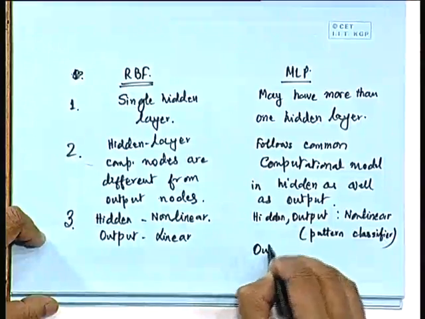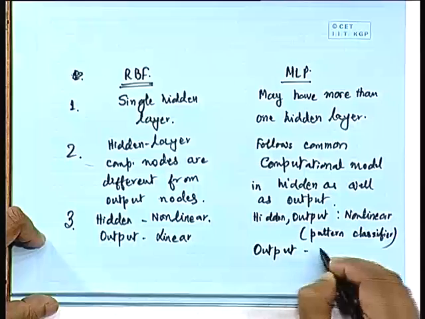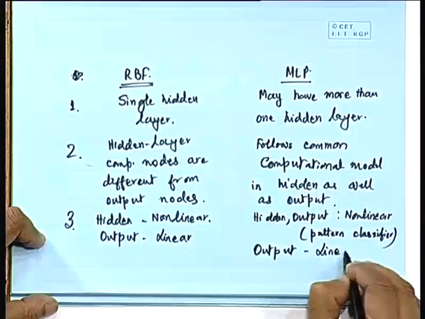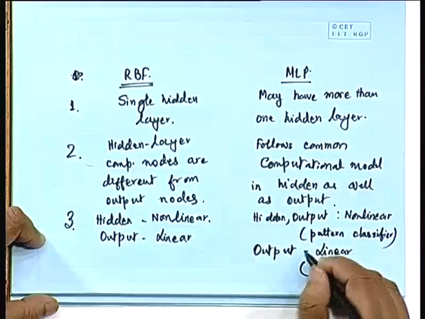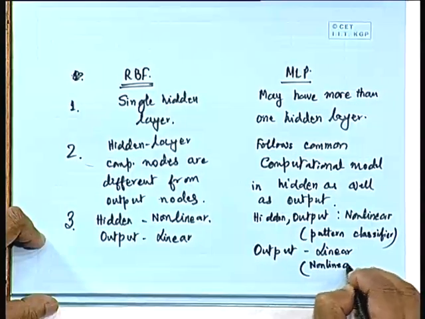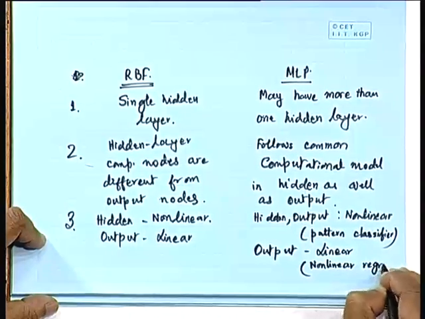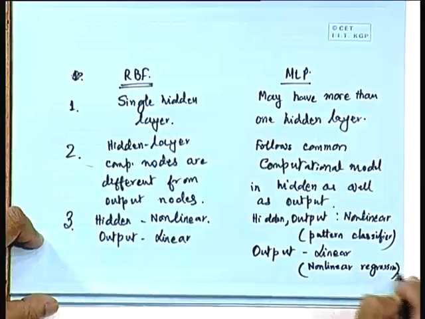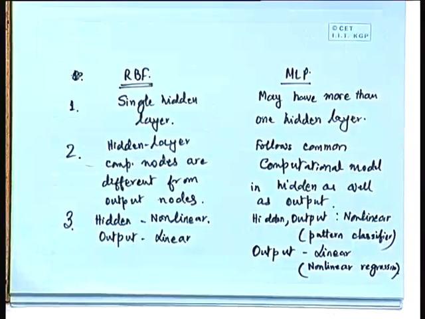The other way of looking at it is where we solve a regression analysis problem, more of a generalization problem, where the output layer could be linear, in the case of nonlinear regression.